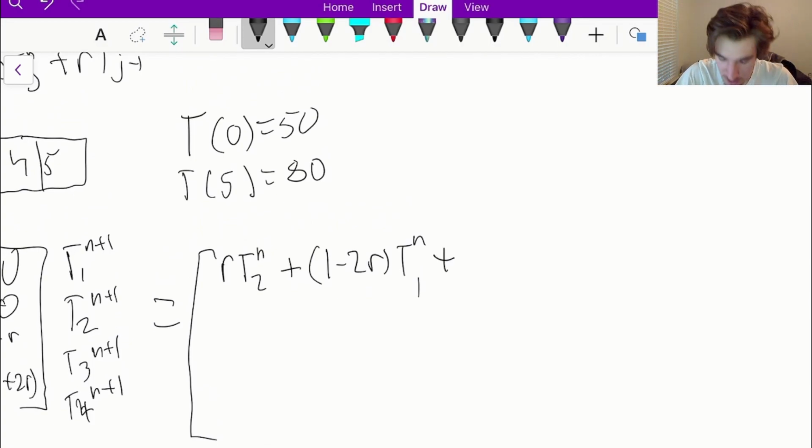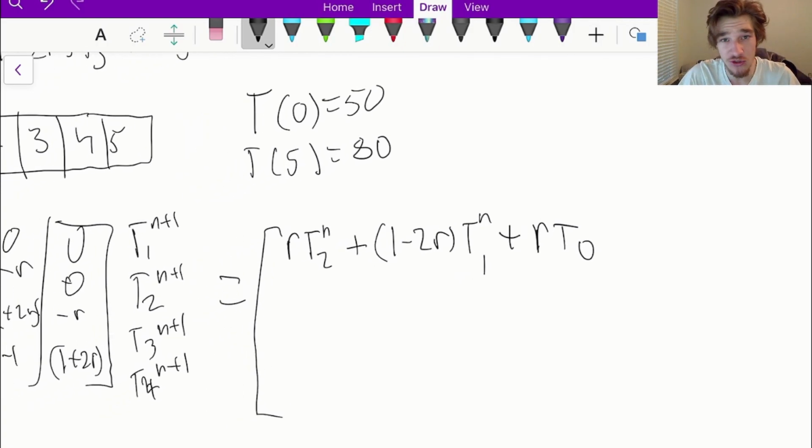Time at n. And then plus is going to be r times the temperature at position 0, which we have, that's 50. Time n, we don't really need that because we already know that the temperature at that point 0 is always going to be 50. And then we just do this all the way down again.